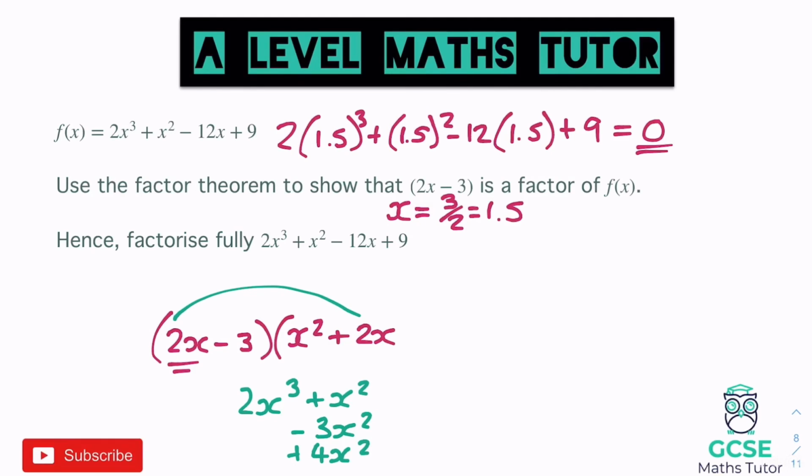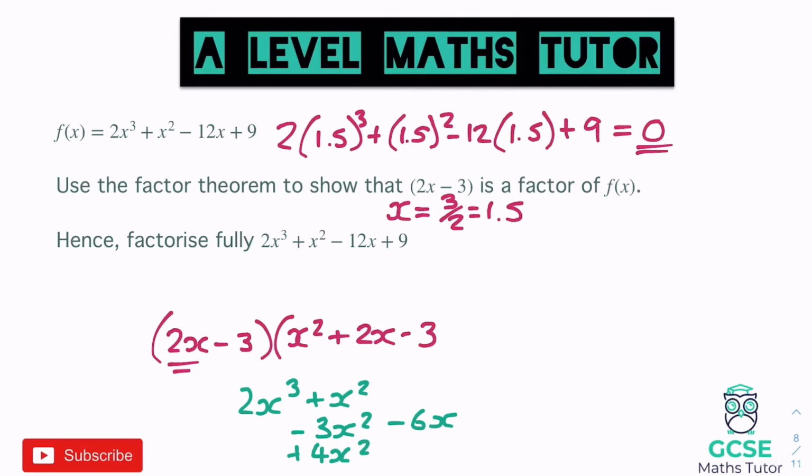Now moving on to the minus 3, negative 3 times 2x is minus 6x. There we go. But obviously we want to get to negative 12x as shown in the cubic above. So let's have a look at how we're going to get to negative 12. So that's an extra negative 6. So we want an extra minus 6 in there. Again, bearing in mind that we've got the 2x at the front, that's going to double, so we only want to put minus 3 in there.